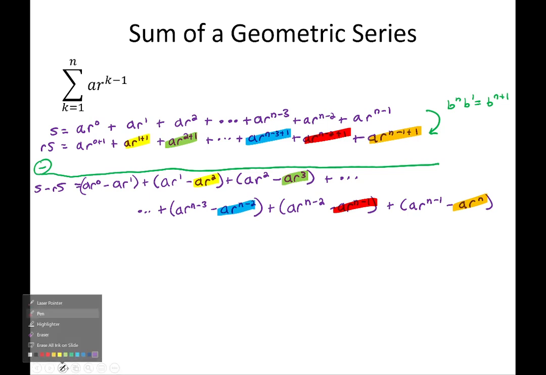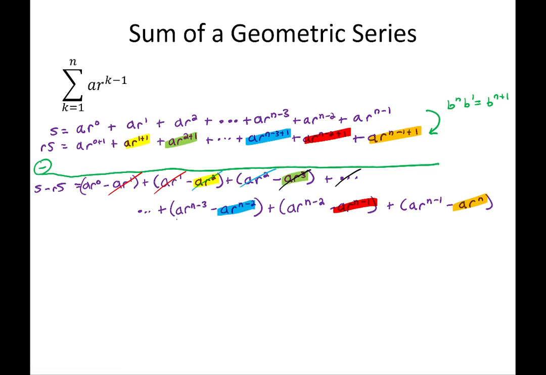Now look what happens. Something awesome. We have an ar to the 1 with a minus and an ar to the 1 with a plus. They cancel. We have an ar to the 2 and a minus ar to the 2. They cancel. Now you can guess, or you don't have to guess, you can figure out that there's an ar to the 3 and an ar to the 3 that will cancel.